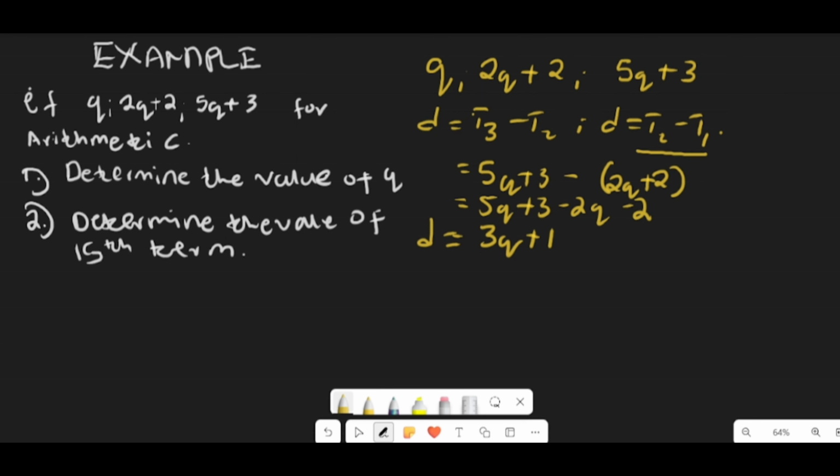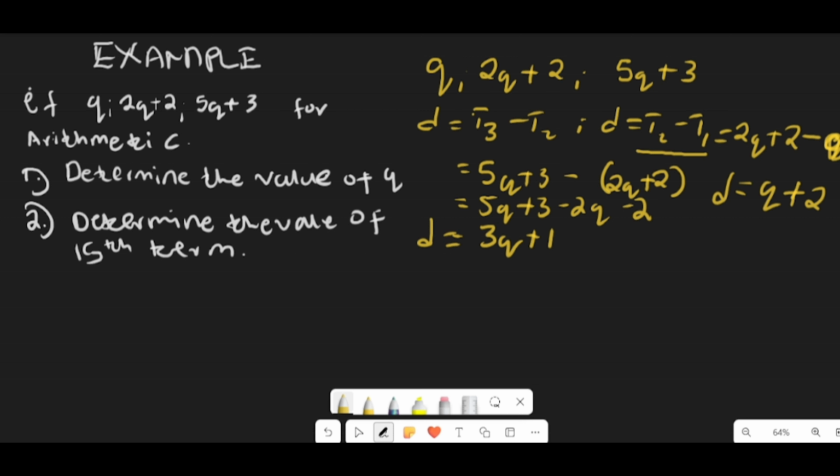Let's go ahead and substitute t2, which is 2q plus 2, minus t1, which is just q. Therefore this is going to give us q plus 2. So we have another d here, which is q plus 2.